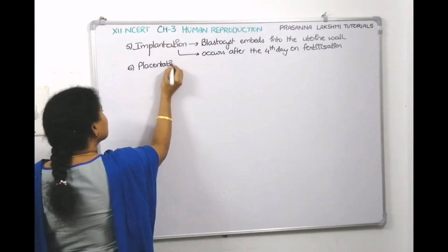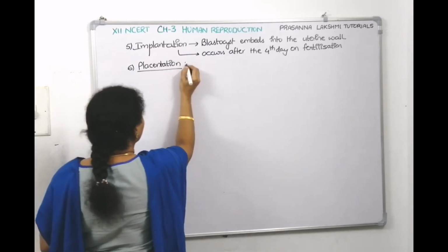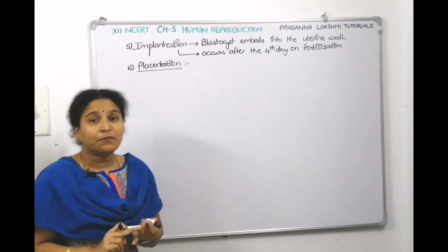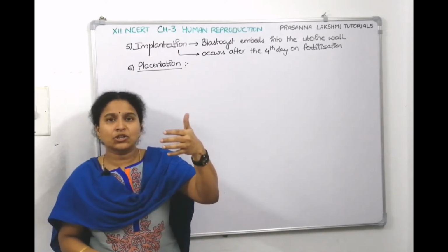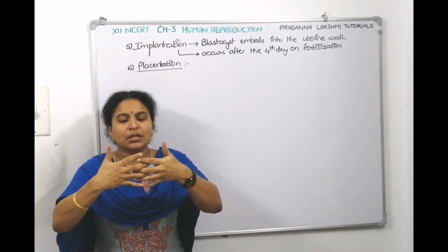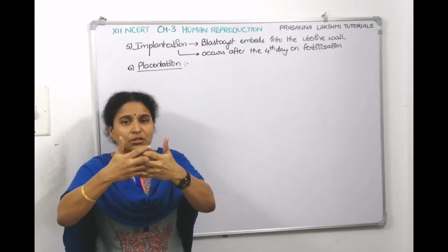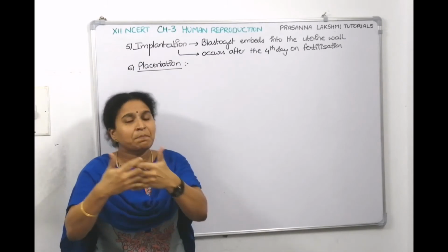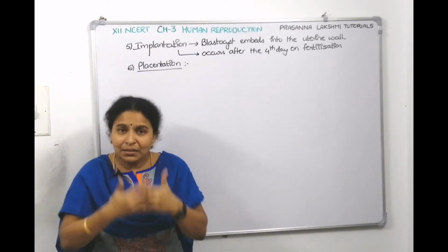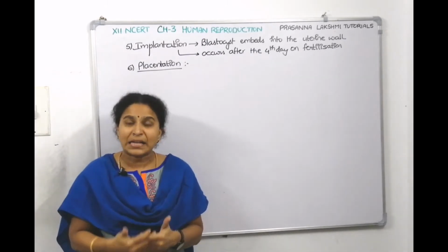Now after it sits inside the uterine tissue, the maternal tissue and the fetal tissue will interdigitate with each other. This is the maternal tissue and this is the fetal tissue. They interdigitate with each other, they get connected so that the food from the mother passes to the fetus. They make a tissue. What is that tissue? Placenta.